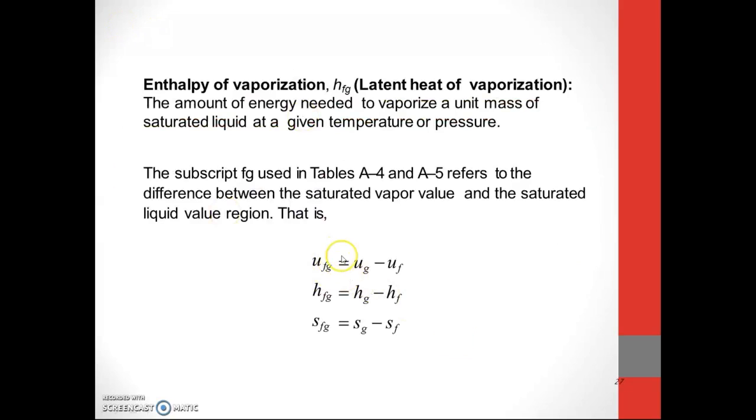For specific internal energy, ufg equals ug minus uf. hfg equals hg minus hf. For specific entropy, sfg equals sg minus sf, and so on. So we are using the same equations: saturated vapor minus saturated liquid values in the properties table.